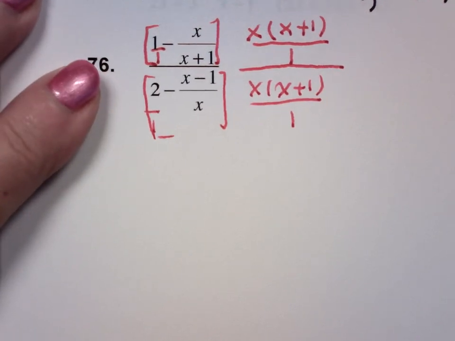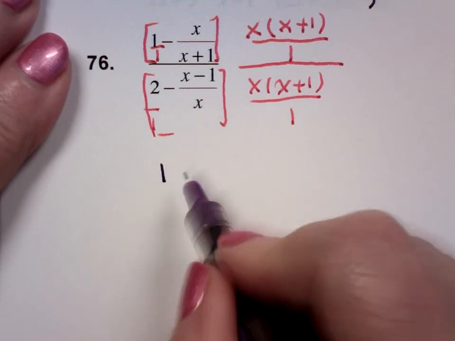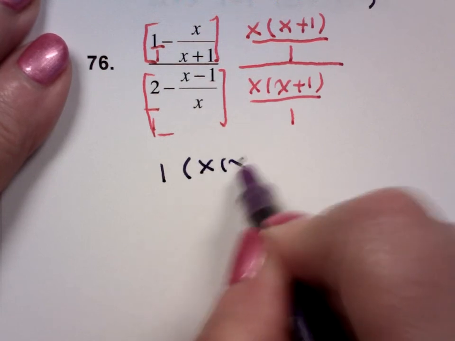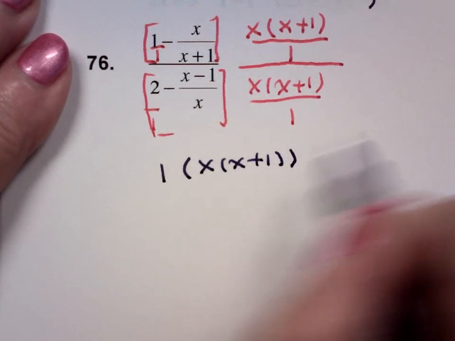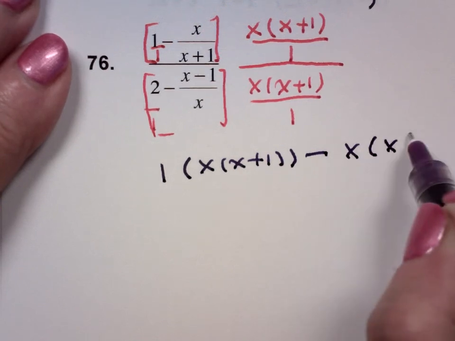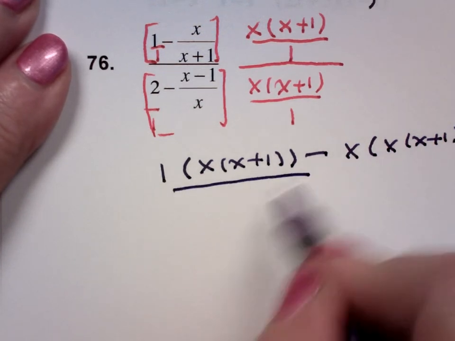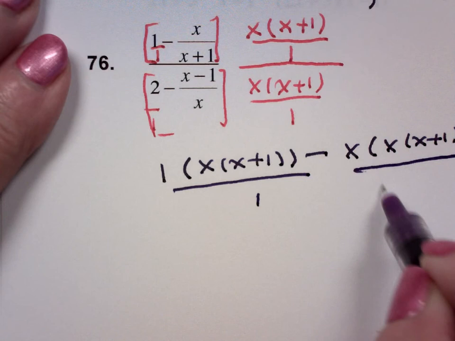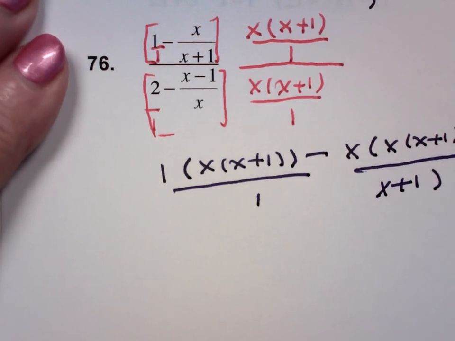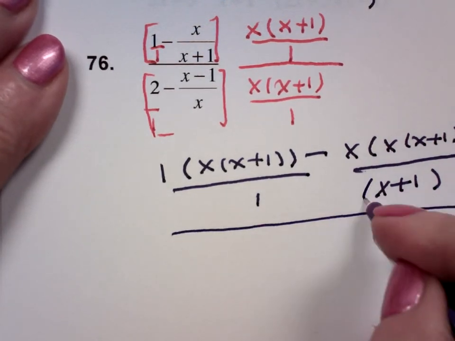I'm going to use the distributive property so that this becomes 1 times x plus 1 minus x times x plus 1. Now remember, this is over 1, and this is over x plus 1. Now notice what's going to happen. The x plus 1s are going to cancel.